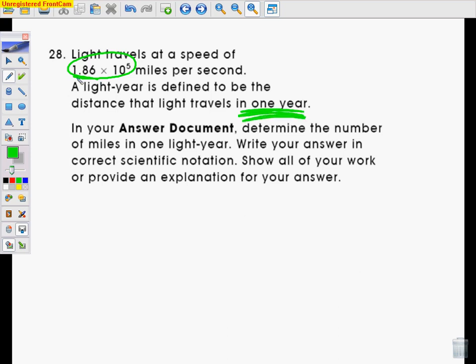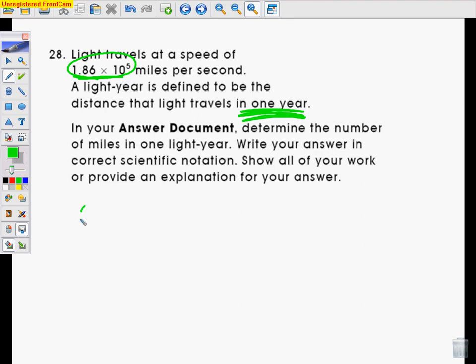So if this is how far it travels in 1 second, we need to find out how much it travels in 1 year. So a couple ways to do this. First, I would suggest, since we know that this is how far it travels in a second, we find out how many seconds are in 1 year. All right, so you know that there's how many seconds in a minute?